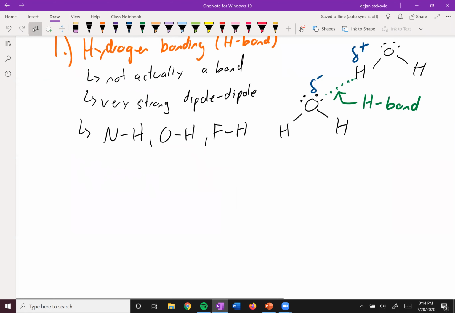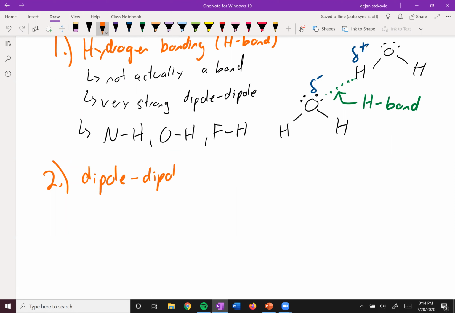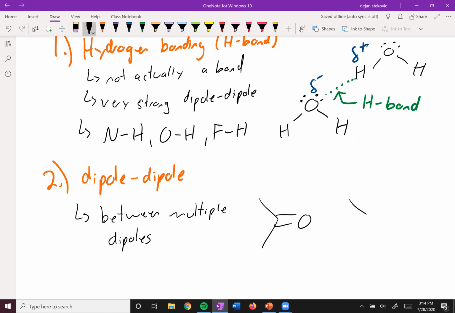The second type we have is dipole-dipole interactions. And so this interaction is between multiple dipoles, right? So for example, we have acetone here, and then we have another molecule of acetone, right?